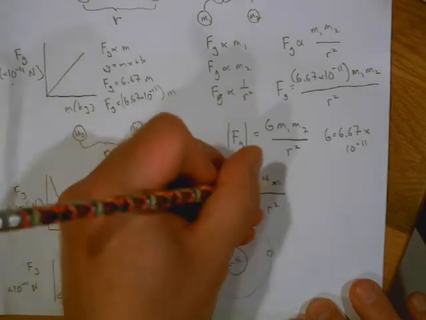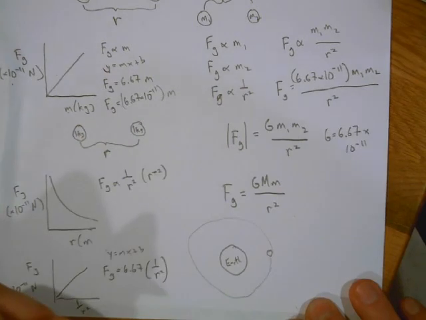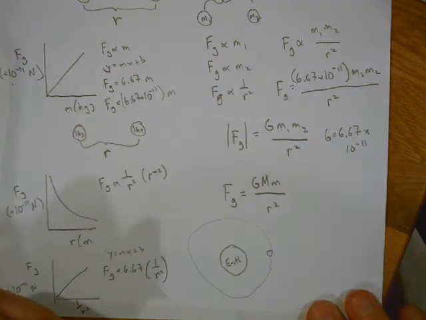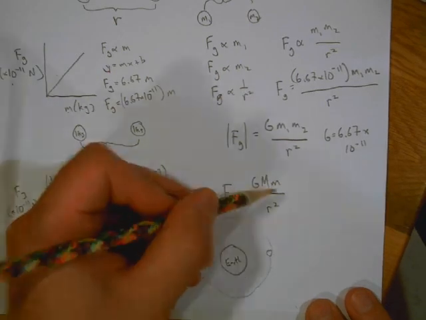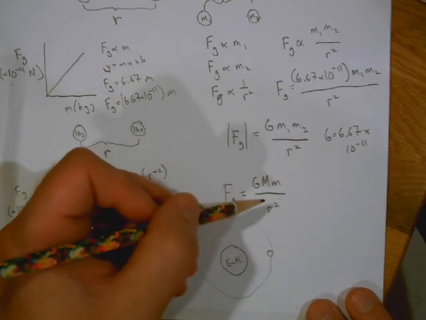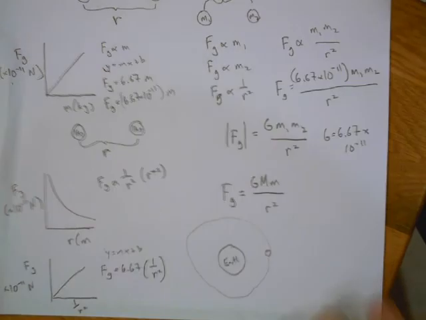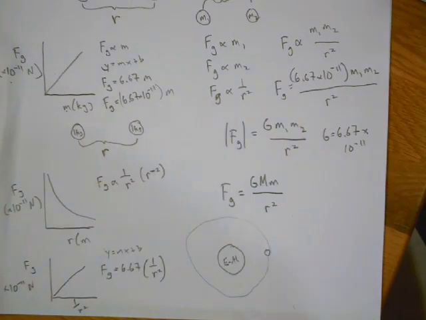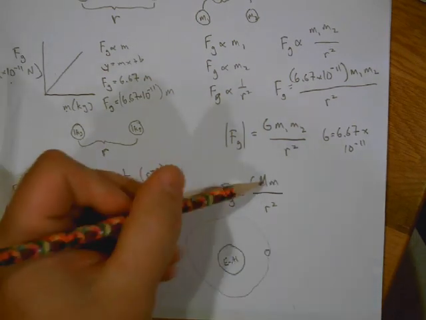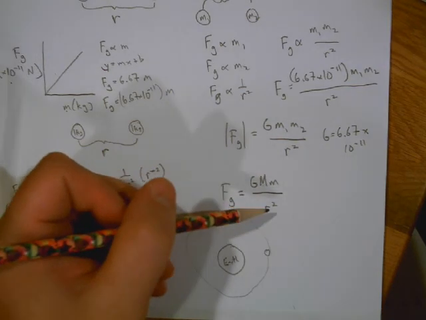The Earth is my big M. That satellite is my small m. If you do it that way, it's going to make things way easier, because it's easier to keep track of the little m and big M, and canceling things out.